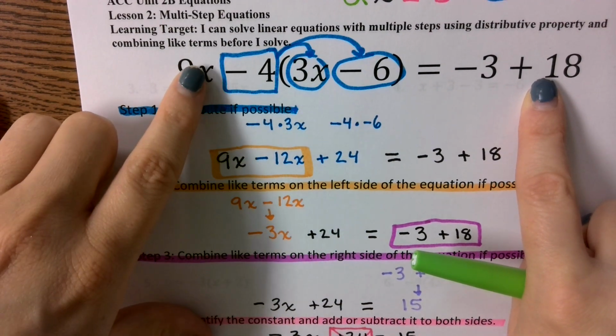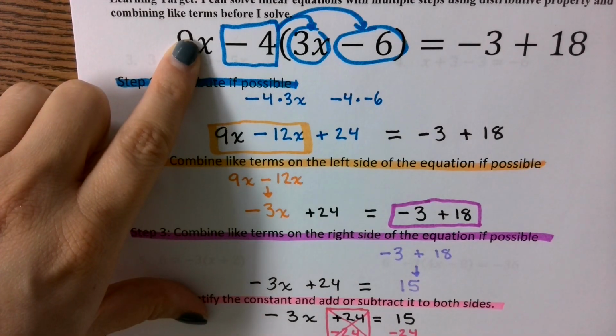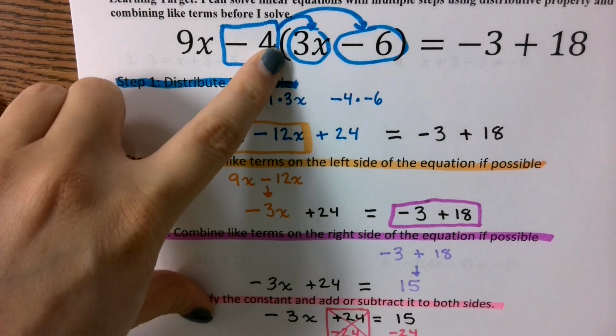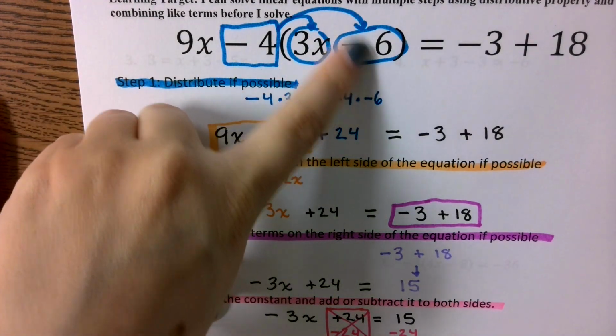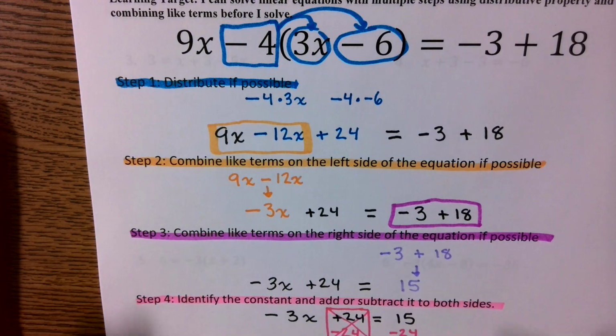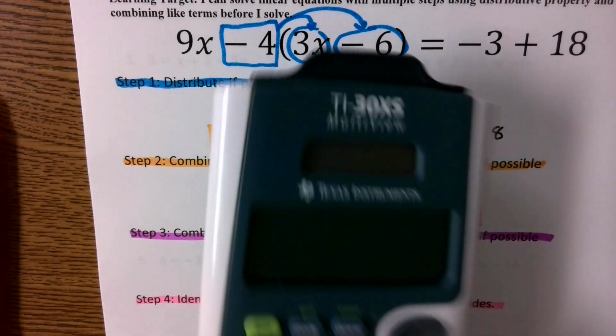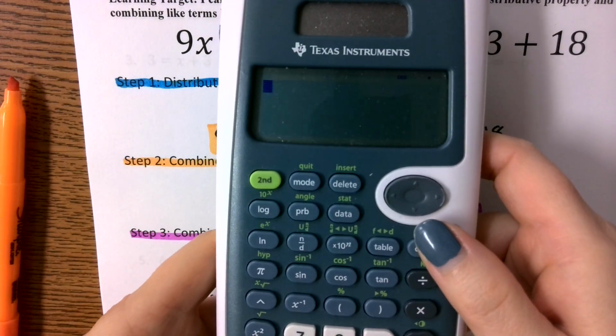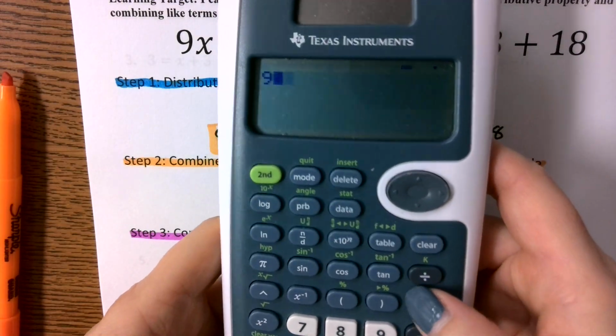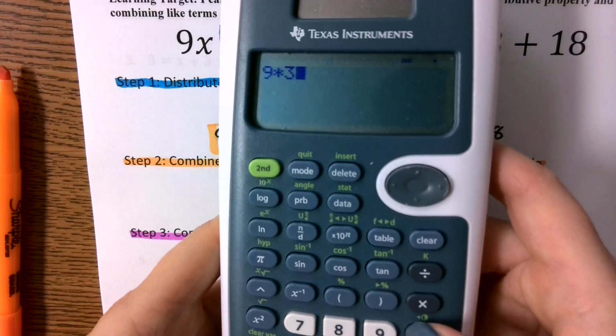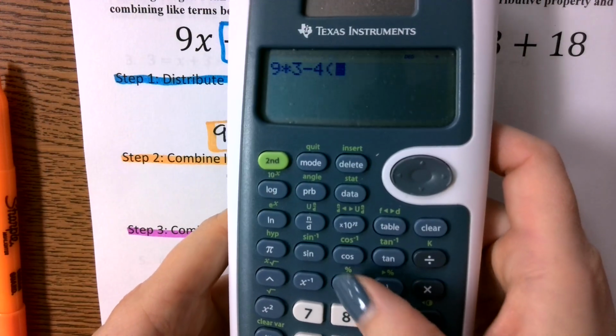Okay, so I can do 9 times 3 minus 4, and then parentheses, 3 times 3 minus 6, close parentheses. I can type all of that directly into my calculator as I see it. So here I'll even show you. Okay, it says 9, and then we're going to do times 3, and then a minus 4, and then parentheses.